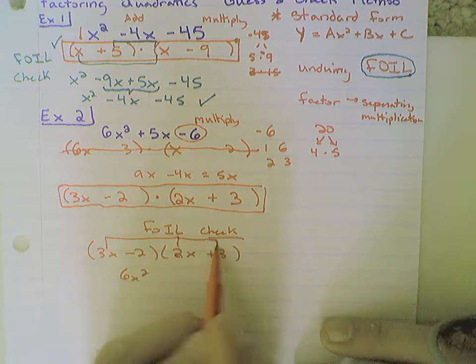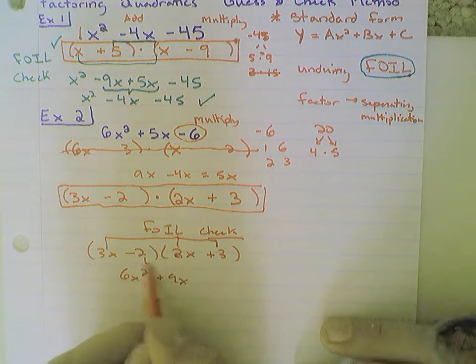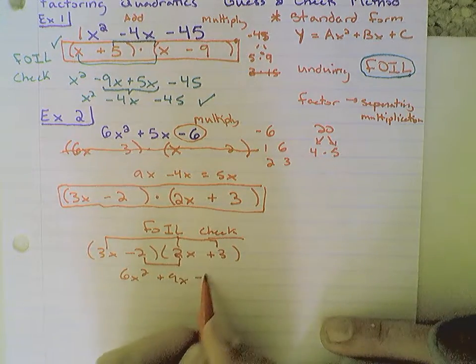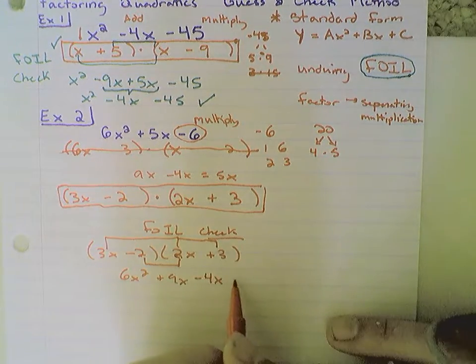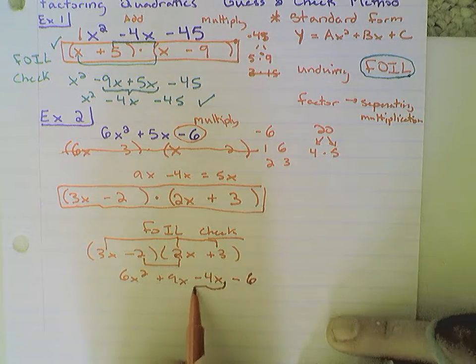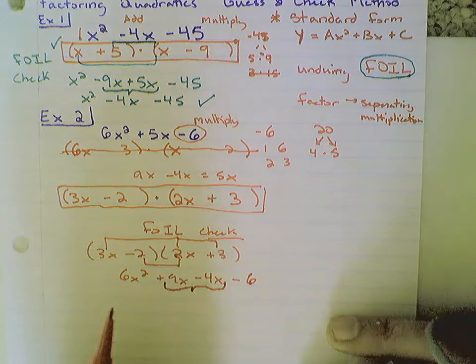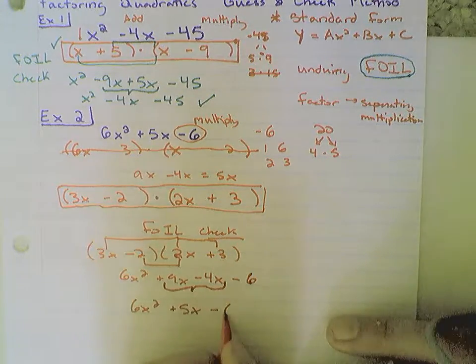Then you take outer, so 3x times 3 is a plus 9x. Inner is negative 2 times 2x, which is a negative 4x. And then last is negative 2 times 3, which is a negative 6. Then we'll notice that these middle two terms can combine together, and I'll get 6x squared plus 5x minus 6.